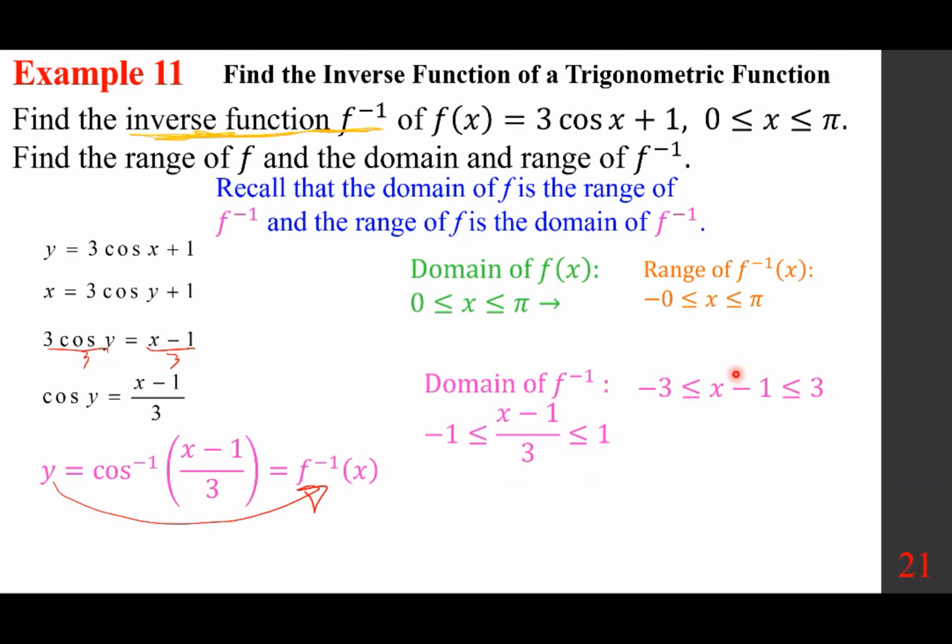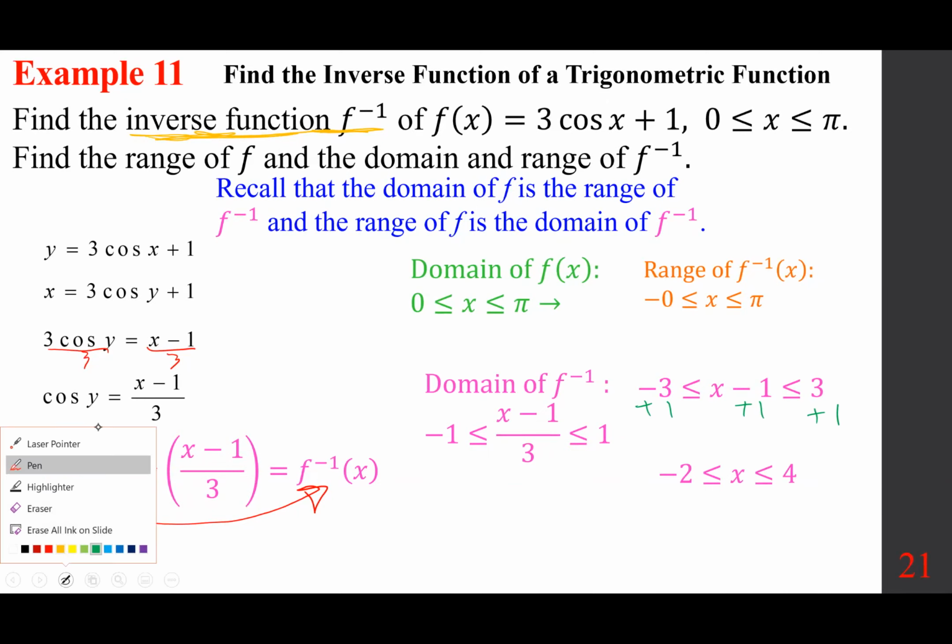Let's add 1. And that's the answer. This is the domain of f inverse, which is the range of f as well.